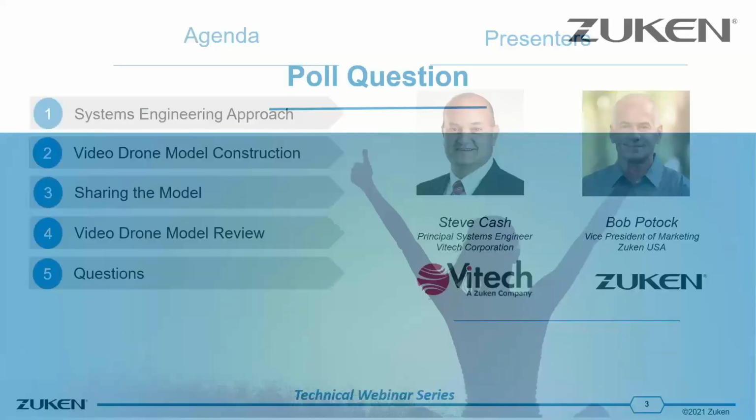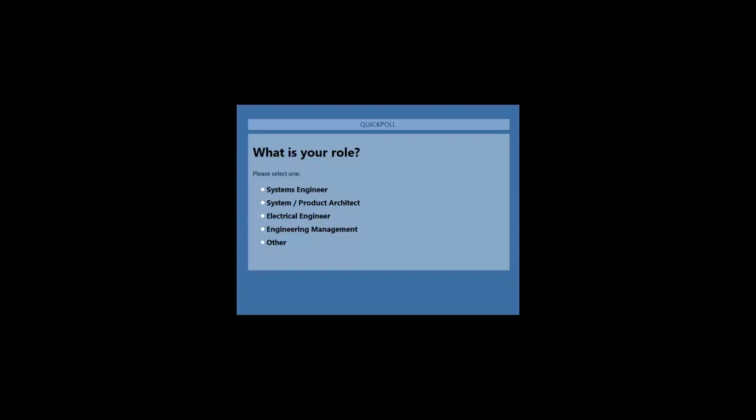So Bob, I think we got a polling question, so turn it back to you. Thank you, Steve. Yes, we do. We just want to get a feel for what the audience demographic might be. So what is your current role? Are you a systems engineer, system product architect, electrical engineer, engineering manager?